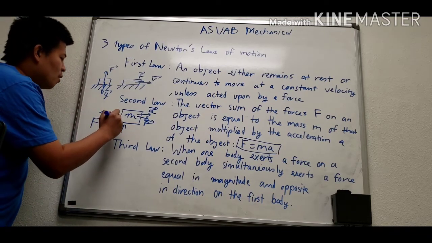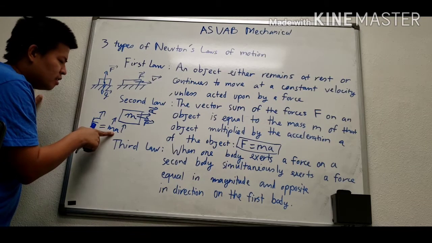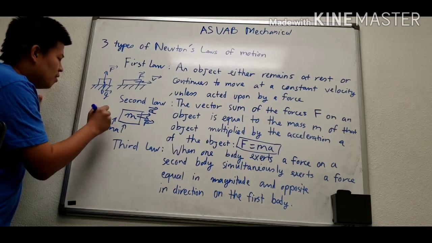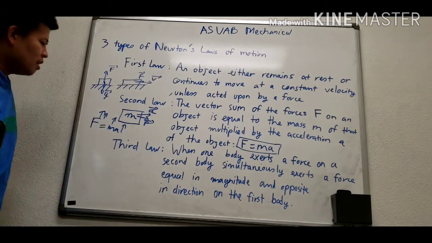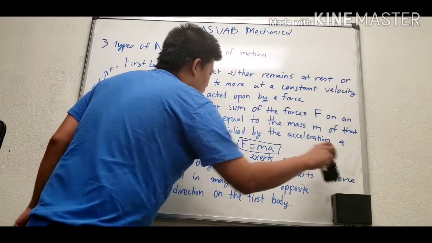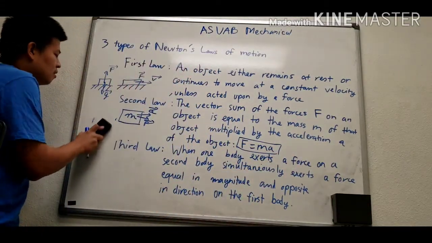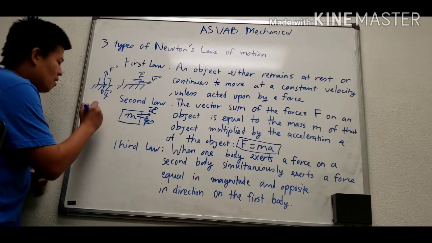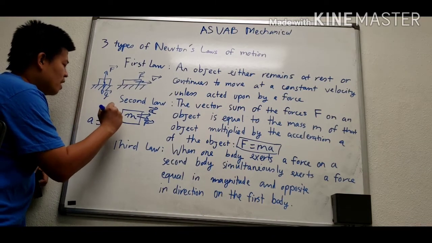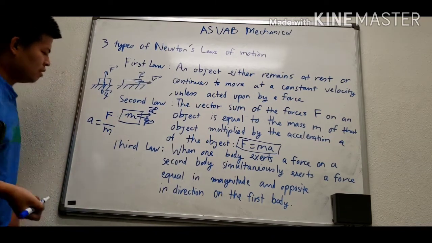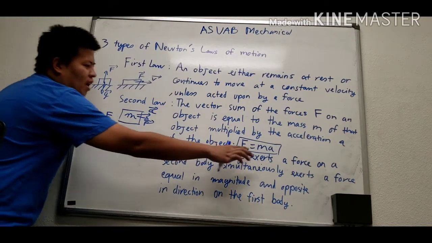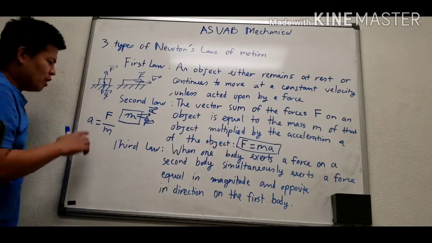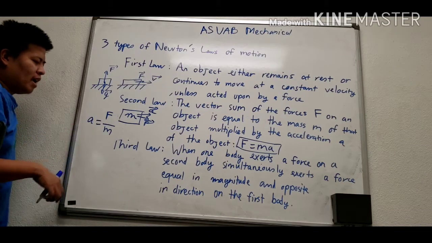If m goes up but the acceleration doesn't change, the force will go up too. And another form for the mass: we have a equal to F divided by m, because we just divide both sides by m.